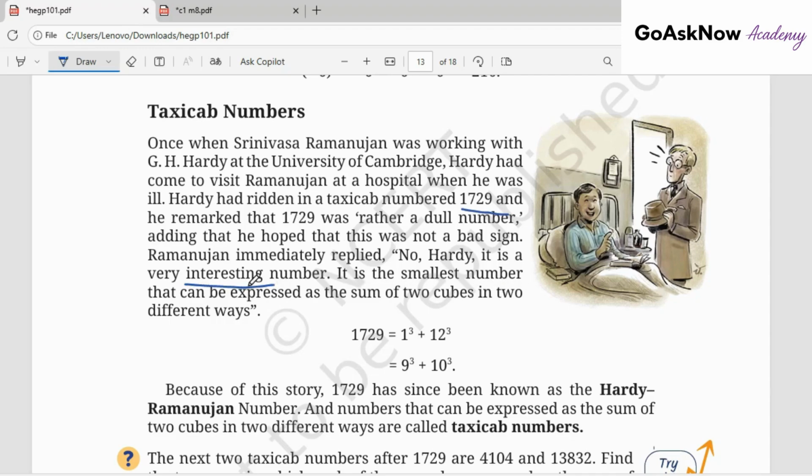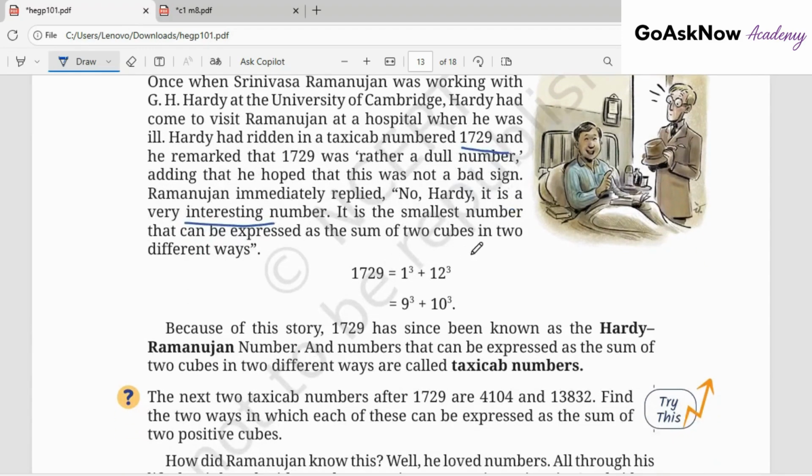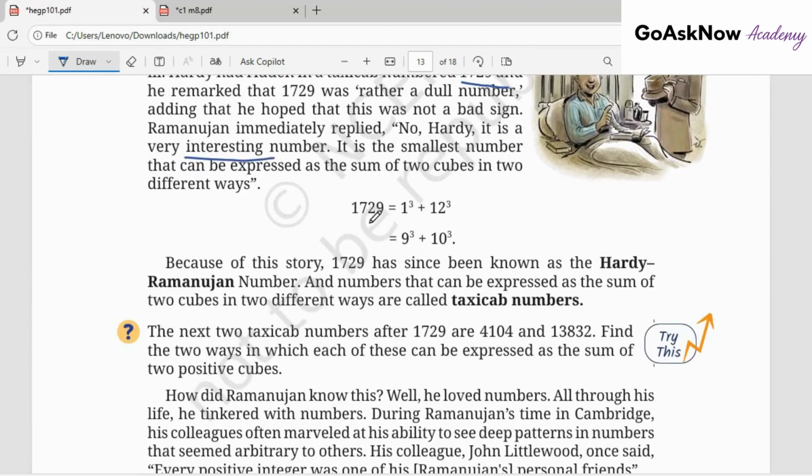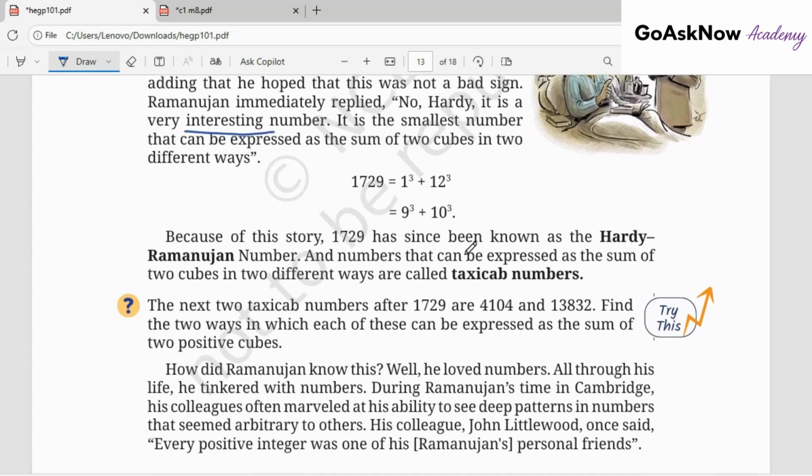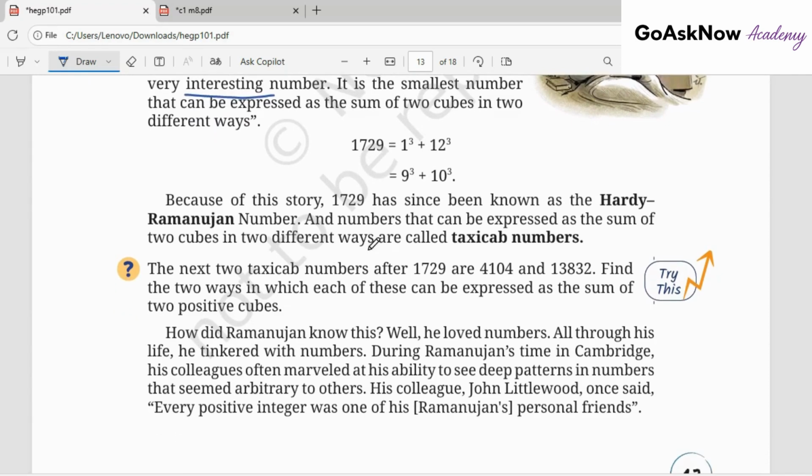It is the smallest number that can be expressed as the sum of two cubes in two different ways. 1729 is equal to 1 cube plus 12 cube, or 9 cube plus 10 cube." Because of this story, 1729 has since been known as the Hardy-Ramanujan number.